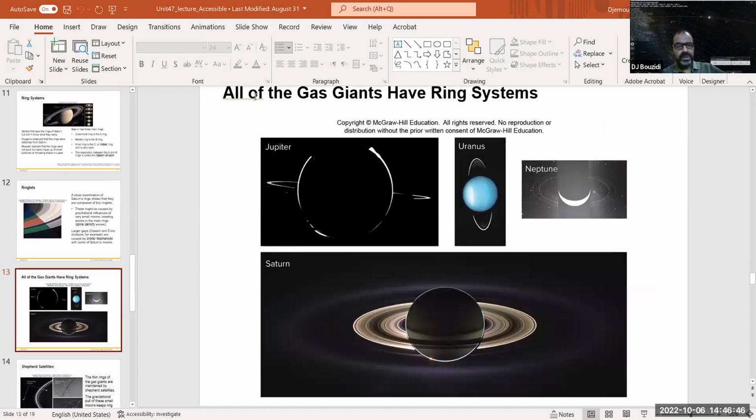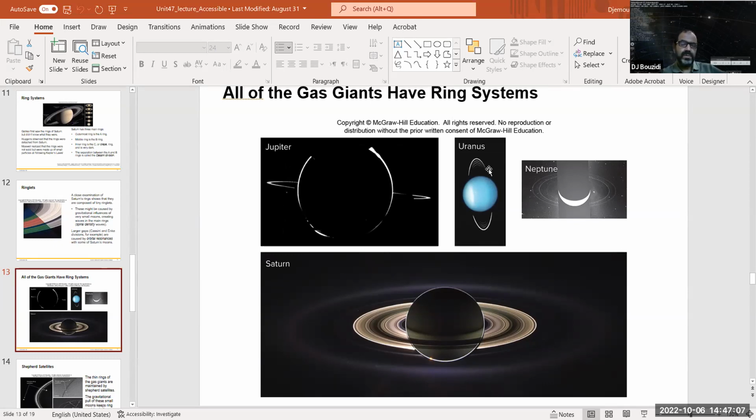Okay, the ring structure is not unique to Saturn, but it's also for the other planets. When we looked at Uranus when it was passing in front of a distant star, or was it Neptune? One of them anyway, it doesn't matter which.